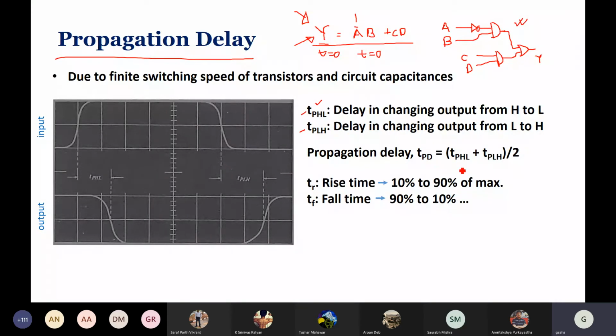So how are we looking at it? Basically, if you look at the input and output relationship, you can see that the relationship is that of an inverter.